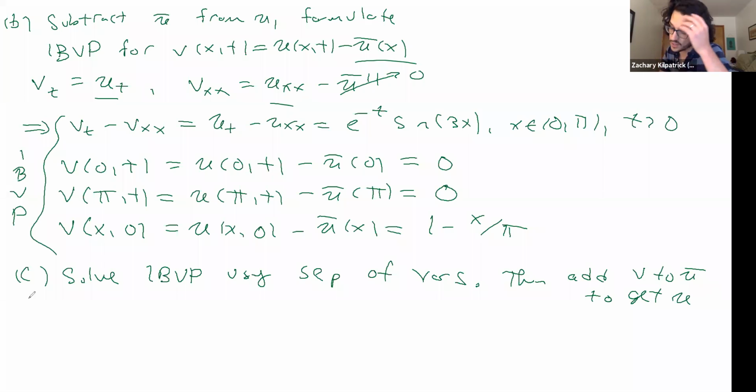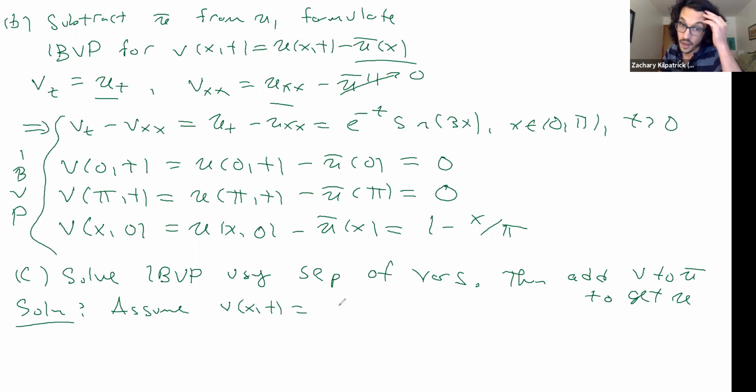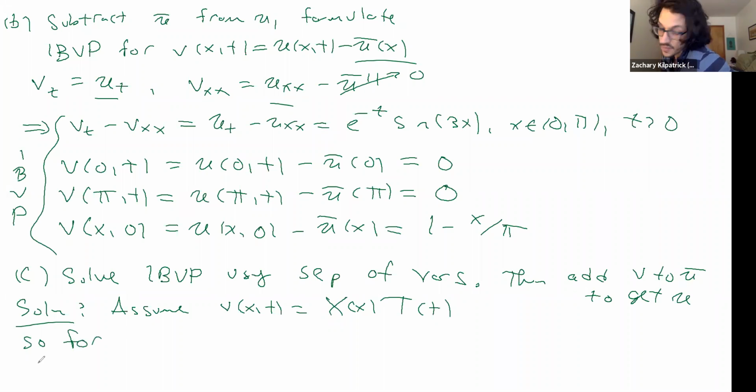So what does separation of variables tell us to do? Well, we start off by assuming that the constituent functions of V are, I'll call them, big X and big T. So essentially, for our homogeneous problem.